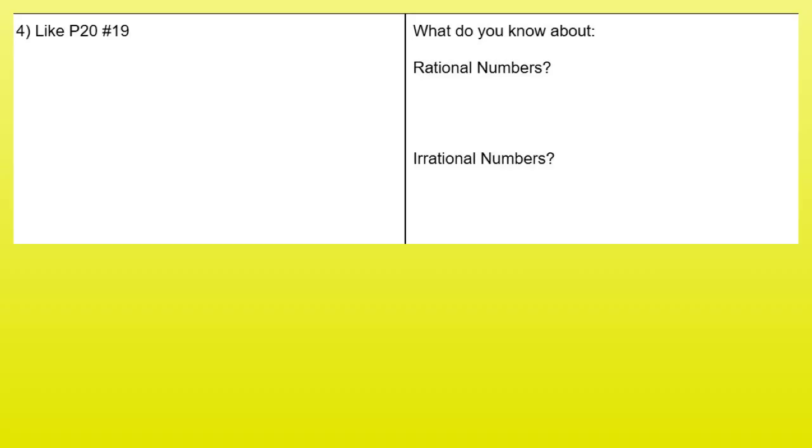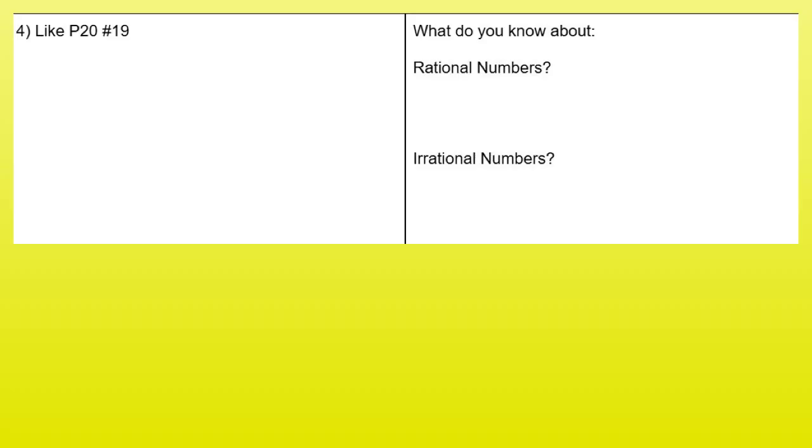All right, we have switched pages in your workbook. So take a minute, pause me, and find page 20 and look at number 19. So I will hold here. You find that problem. All right, this one says, determine whether the following numbers are rational or irrational.